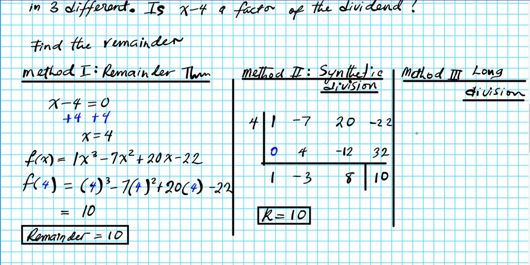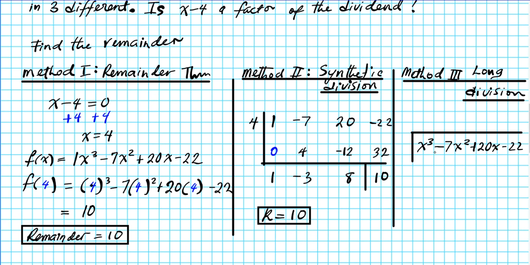We have our long division bars. We will extract the dividend function exactly as it is, x to the third minus 7x squared plus 20x minus 22. Now, you also want to follow the same guidelines as the synthetic division process.